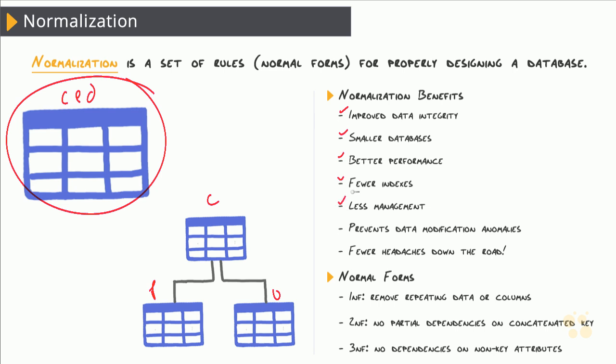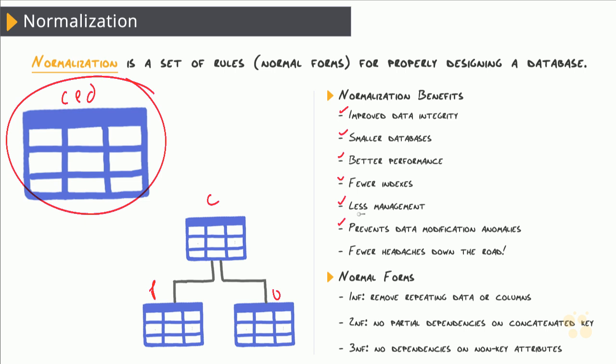Less management. An unnormalized database is incredibly difficult to manage because now we're dealing with extremely large tables with lots of indexes, with potentially a lot of data integrity issues, and a lot of data modification anomalies. If we have that same information all over the place, if we change one, the ripple effect needs to take place, right?